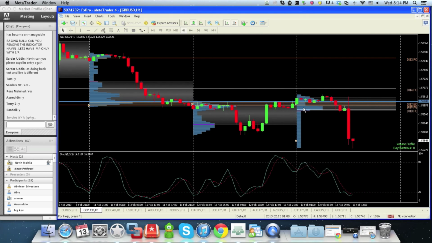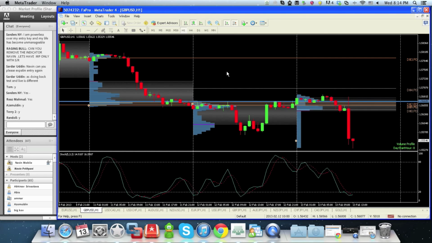As we have this, our initial breach happens here, on this candle, when the day starts. As the day moves on, we reach a new high around here, and we see that our low area on MP is up here.